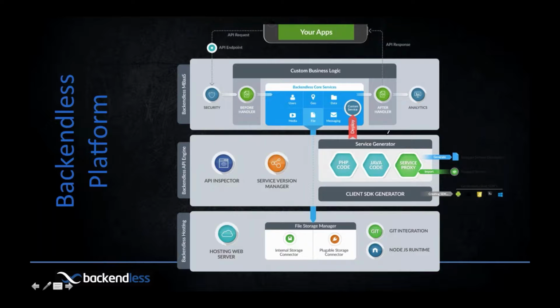So Backendless API Engine is that container and service generator that can turn arbitrary Java or PHP, and soon JavaScript code, into a service, which is going to be subject to exactly the same rules and security within MBaaS. And then as far as Backendless Hosting, this is a smart hosting for MBaaS applications, which can contain either static or dynamic content.